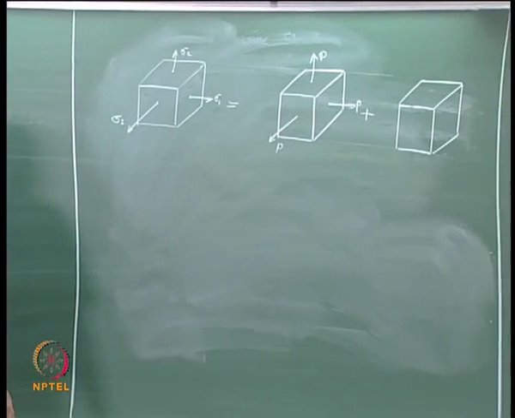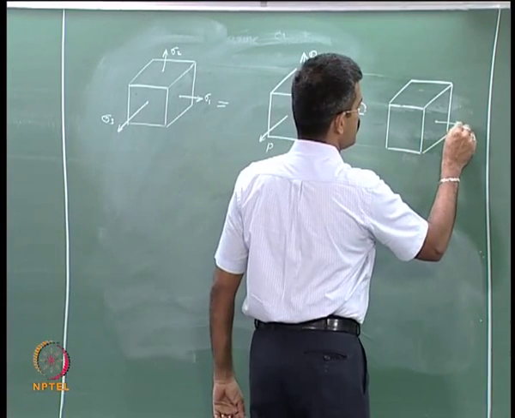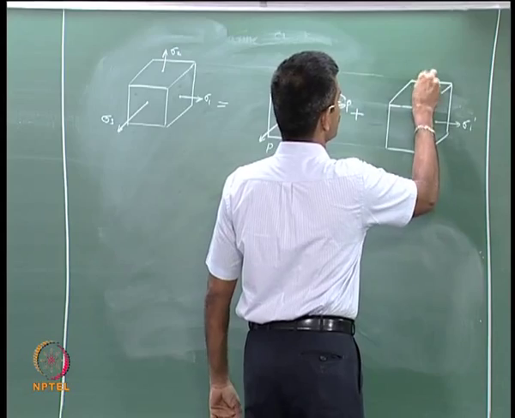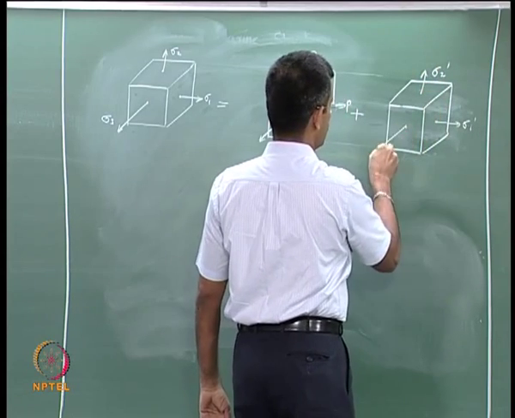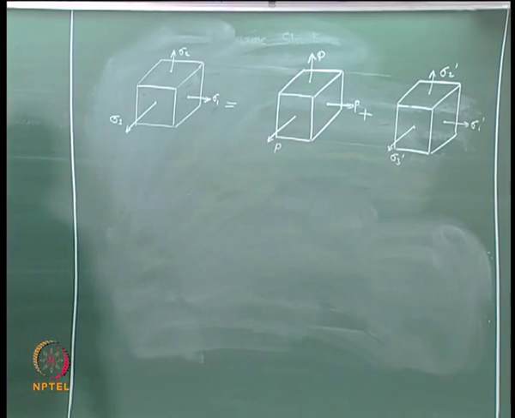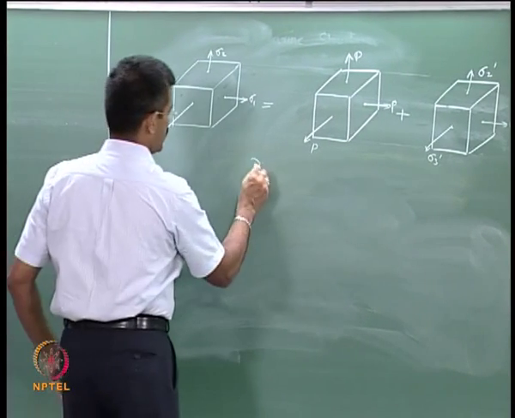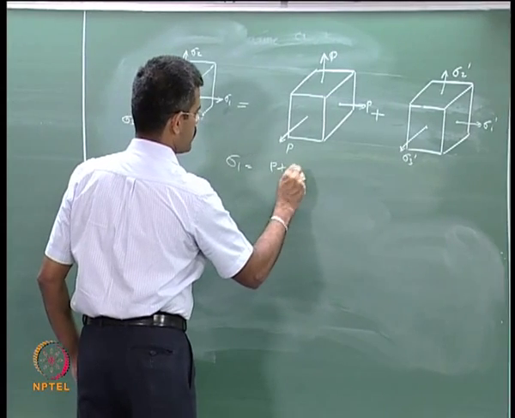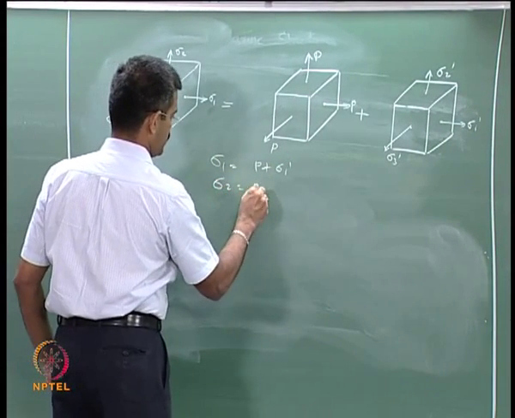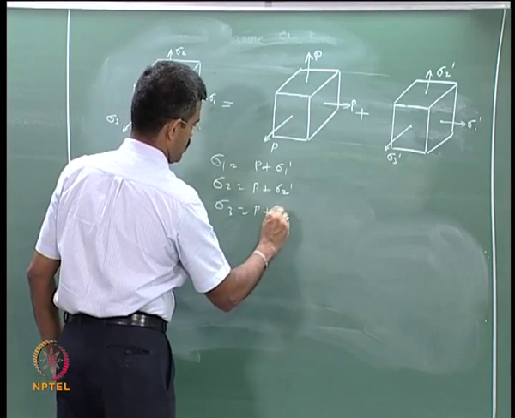In that case, we say that the stresses additionally created here, let us call them sigma 1 dash, sigma 2 dash and sigma 3 dash respectively. So, we can write a simple equation saying that sigma 1 is P plus sigma 1 dash, sigma 2 is P plus sigma 2 dash, sigma 3 is P plus sigma 3 dash.